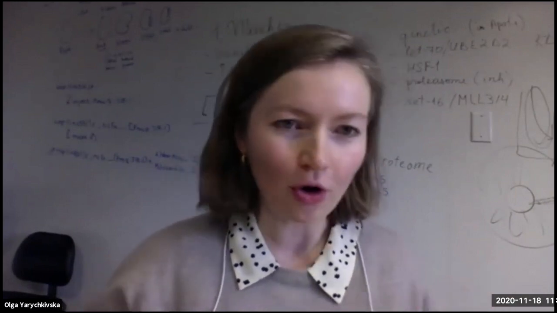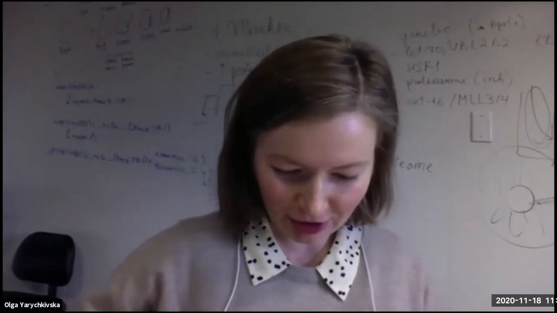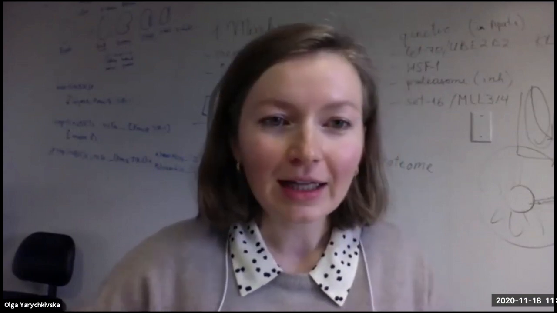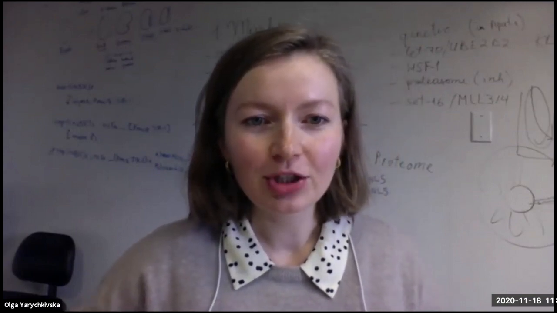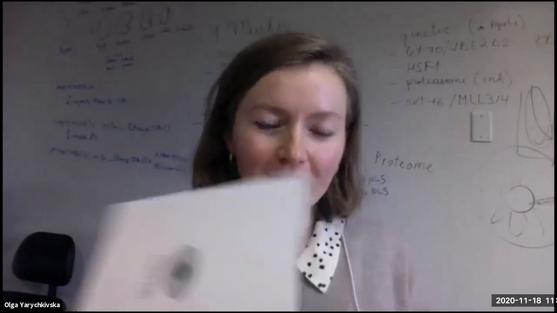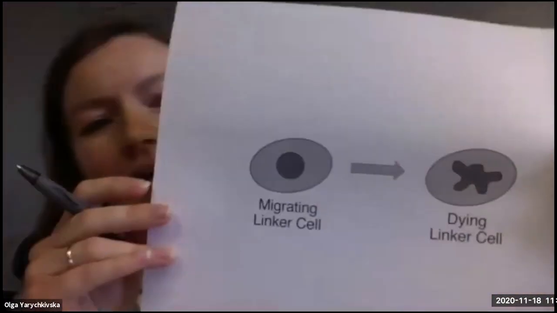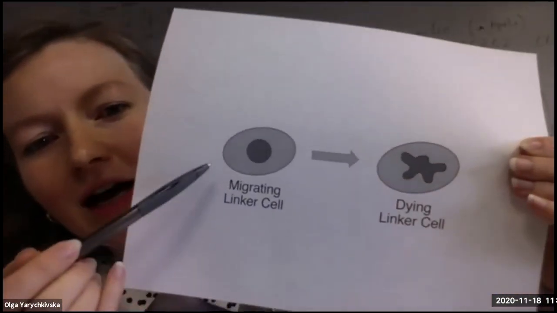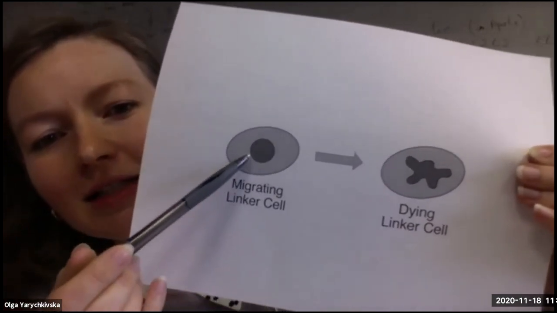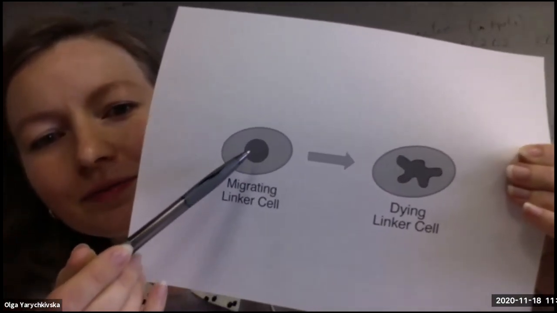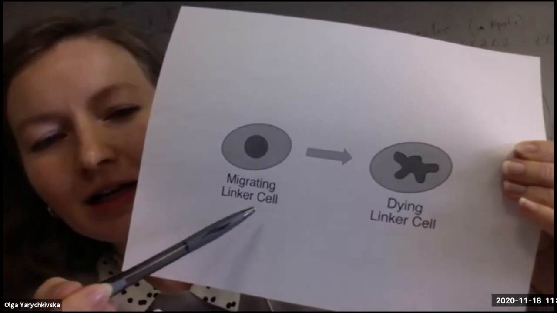We will not go into all the details, but I just wanted to share with you one observation that really struck me when I started to study this. When the cell migrates in the young worm, it has a very nice and round nucleus. So it's a migrating linker cell here.